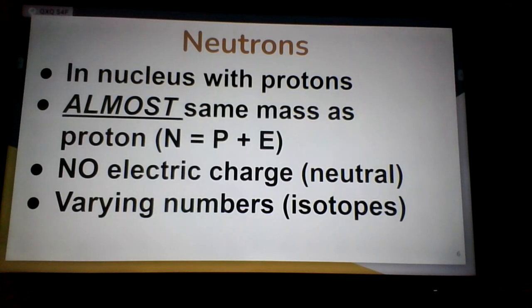Now, all elements of calcium will have 20 protons, but they will not all have 20 neutrons. A few have a little more than 20. A few have a little bit fewer than 20. If the neutrons vary, then what we have is called an isotope, and I'll tell you a little bit more about that in just a bit. But for most of the atoms, the number of neutrons will vary, not stay exactly the same. What that will do is make an atom a little bit heavier.